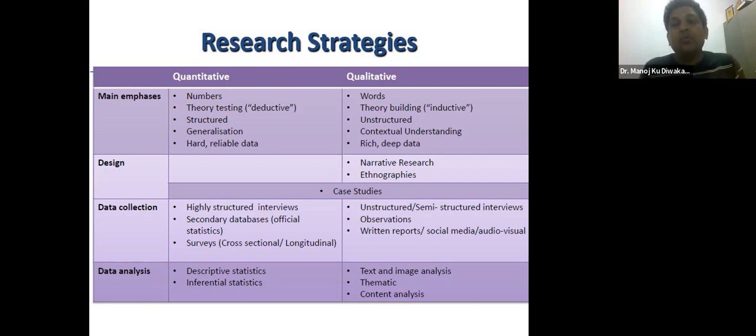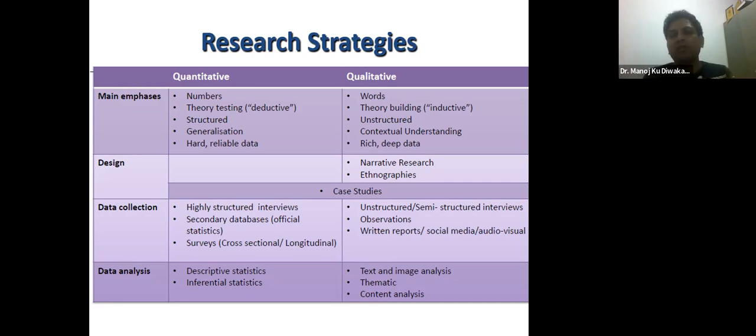You are just seeing the pictures, and based on the pictures you can analyze. This is a qualitative analysis. I can analyze words, pictures, text, and data, and see what kind of outcome you get from the picture of my office. This is qualitative.